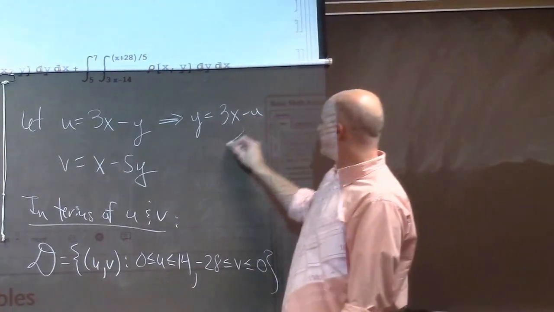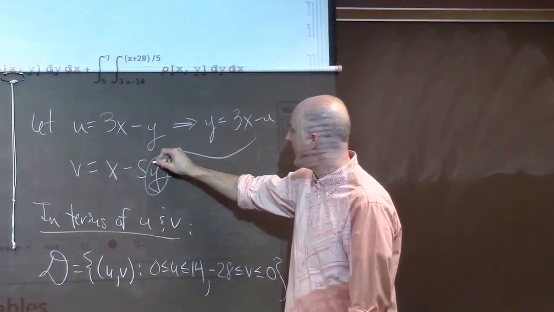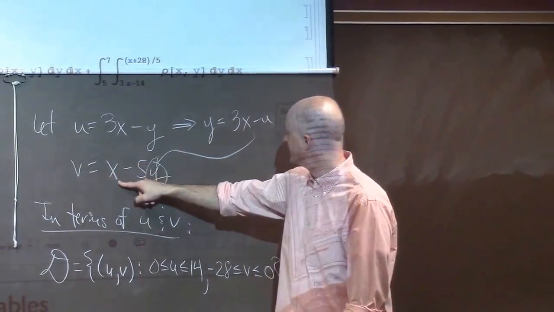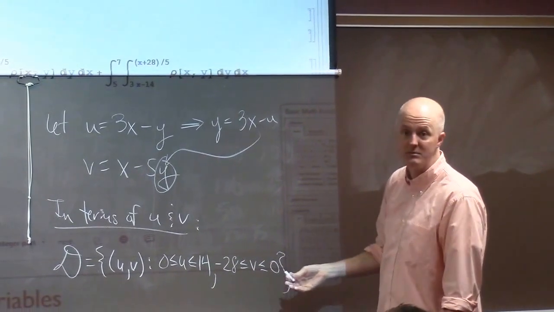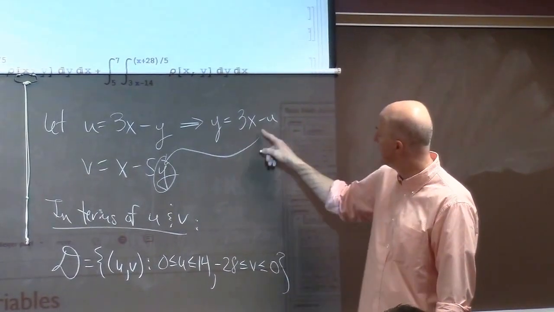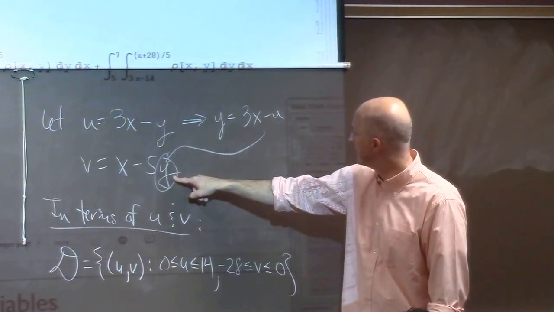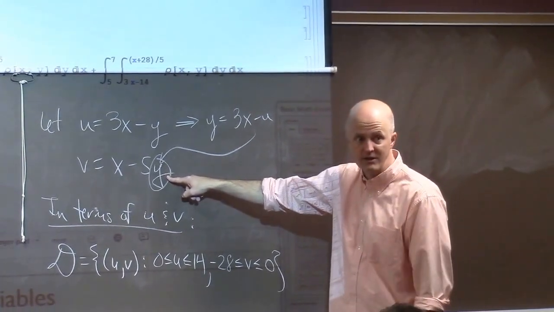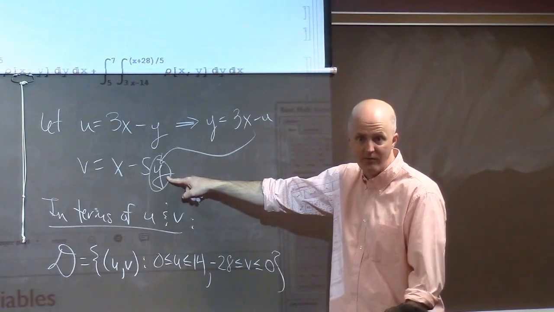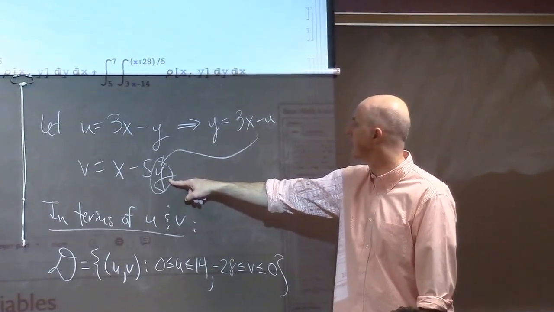Then if you substitute that into the second equation in place of the y, you'll get an equation that just involves v, u, and x. Does that make sense? And you could solve that equation for x in terms of u and v, and you're halfway to your answer.